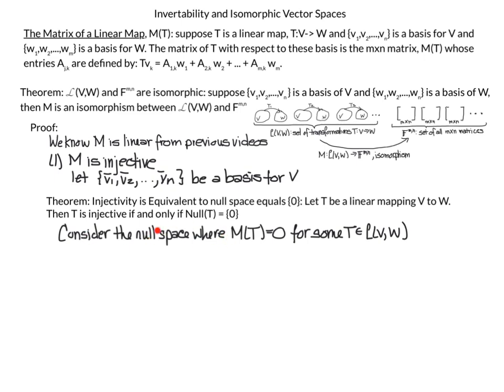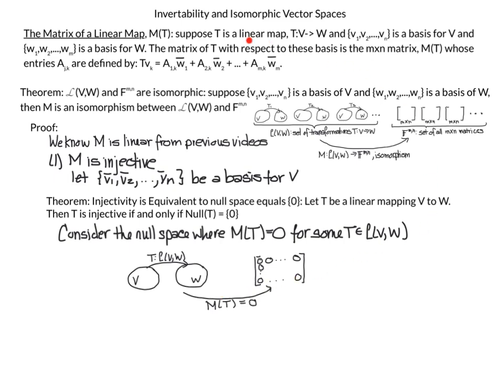We consider the null space, where our mapping takes a transformation and maps it to the 0 vector, from some linear transformation going from V to W. Looking at the picture, we have V to W, we have some transformation T, and when we take the mapping of this transformation, it's equivalent to this 0 matrix. Now we want to go back and look at what this transformation looks like. We know what we want our matrix to look like: it's the 0 vector.